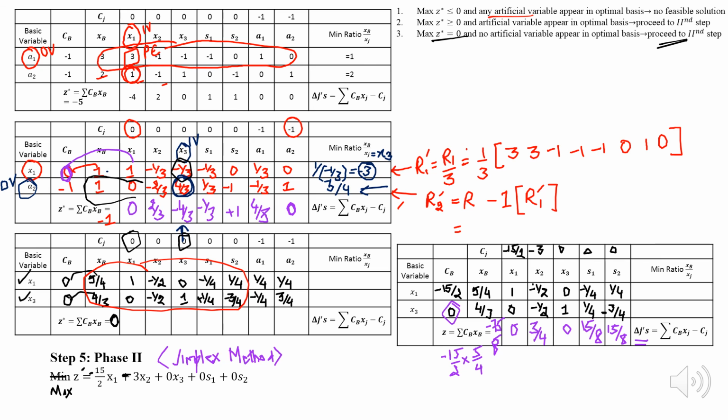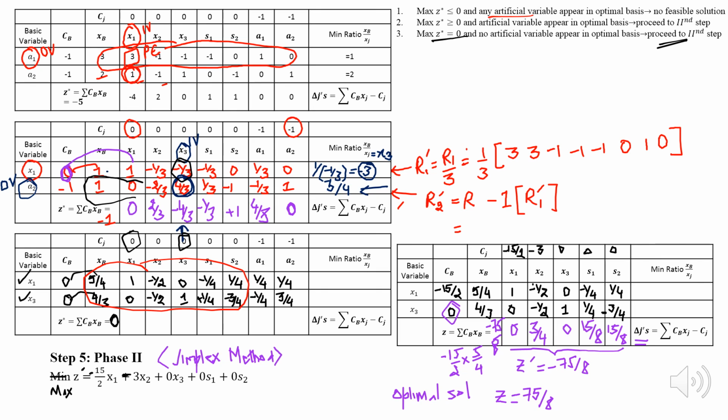So if you will see, there is no negative delta j. So your optimal solution is delta star z equal to minus 75 by 8. Okay, and then the actual z, which is for the minimization function, its optimal value is 75 by 8.